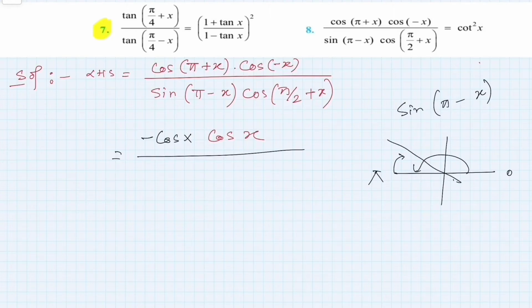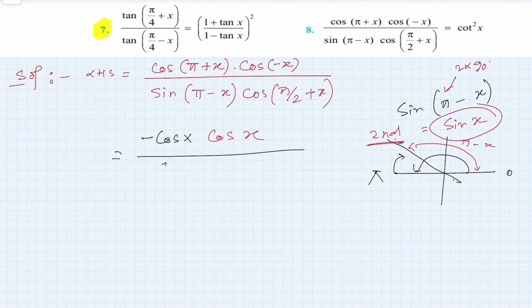So this angle will be pi - x, in the second quadrant. In the second quadrant, sine remains positive, and pi is an even multiple of 90, 2 into 90, so sine remains sine. So sin(pi - x) is equal to sin x.